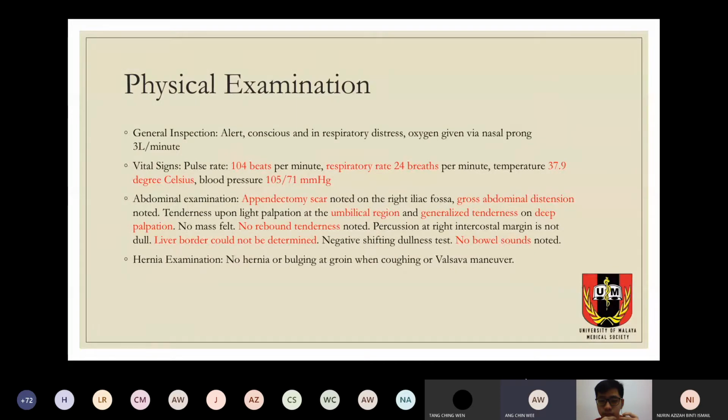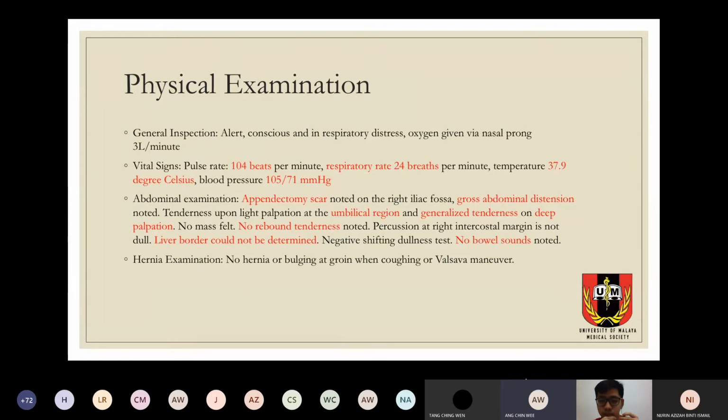So when he's tachycardic at 104, respiratory rate 24, temperature 37.9, you already straight away think, okay, this guy is in trouble. He's in septic shock. So you're dealing with a serious problem here.